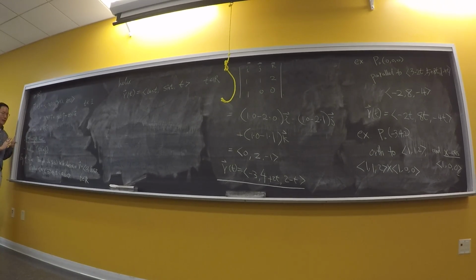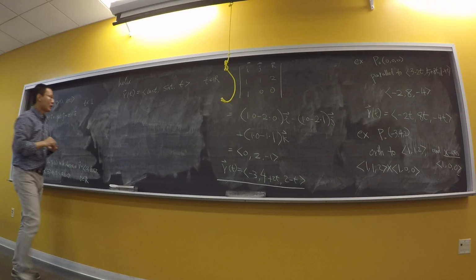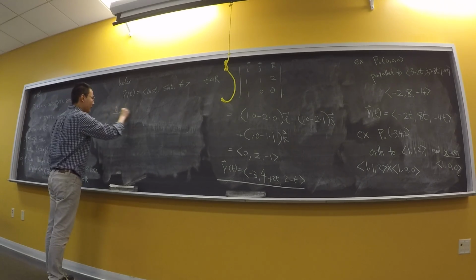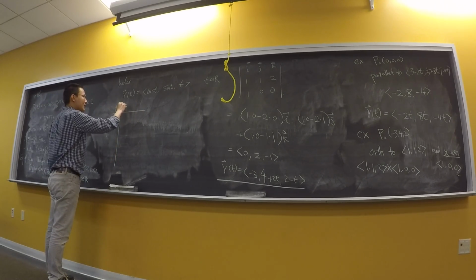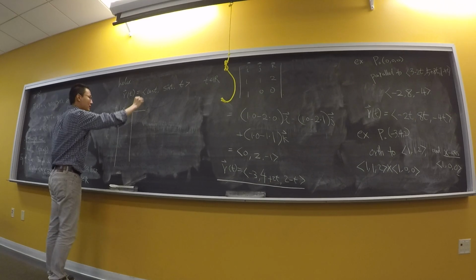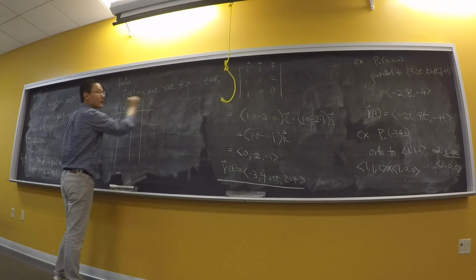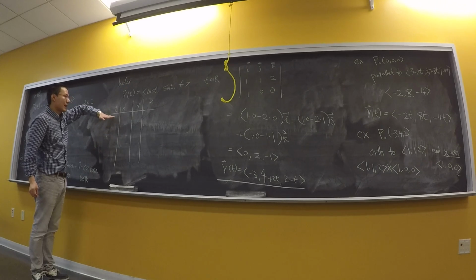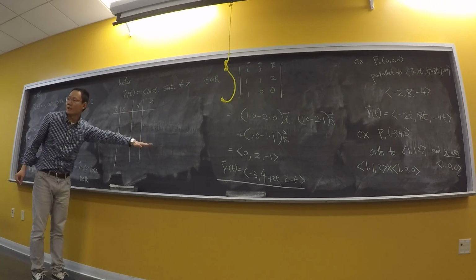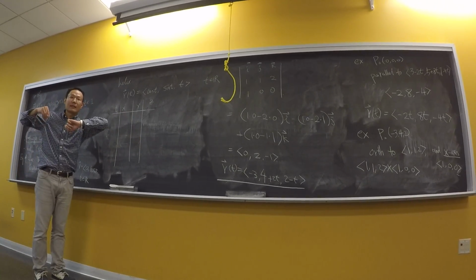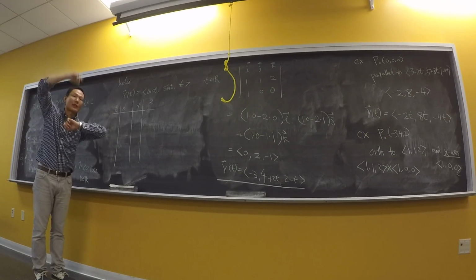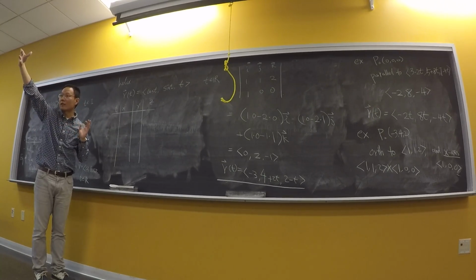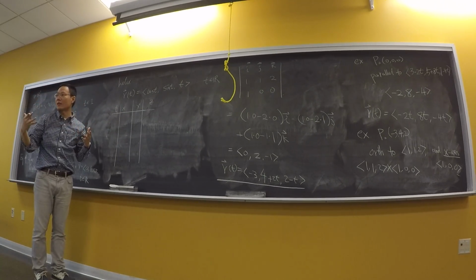But for any other vector valued function, as long as we want to draw the corresponding curve, I need to plot points by choosing my t values, and then find my x value, my y value, and my z value. Then for different values of t, I have different points in space. As long as I have enough points, I line them together smoothly, and I get the curve corresponding to the vector valued function.